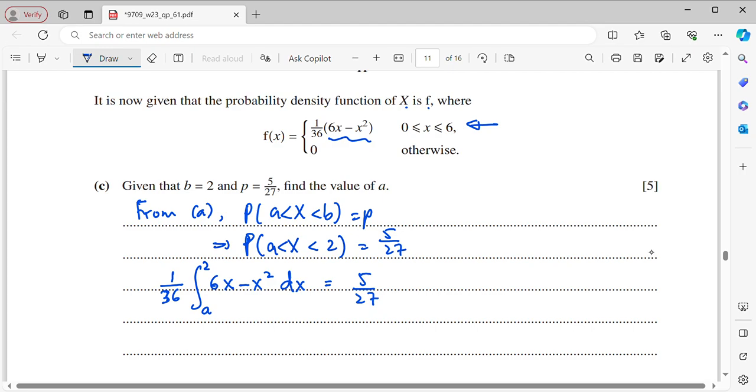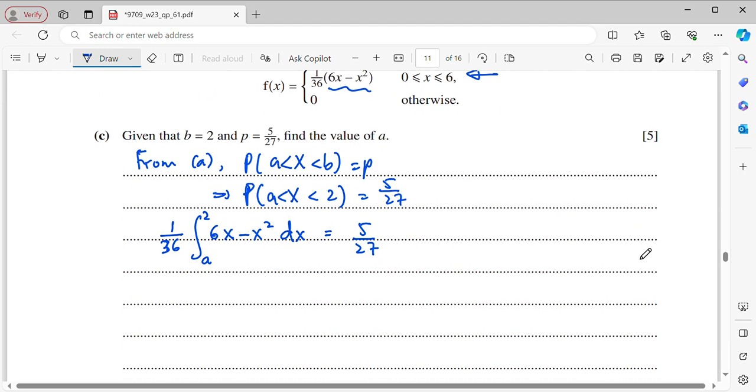So now when you do integration, we need to plus 1 degree to the x. So here becomes 6x squared over 2 minus x cubed over 3. Then consider limits from a to 2. It will be 5 over 27.